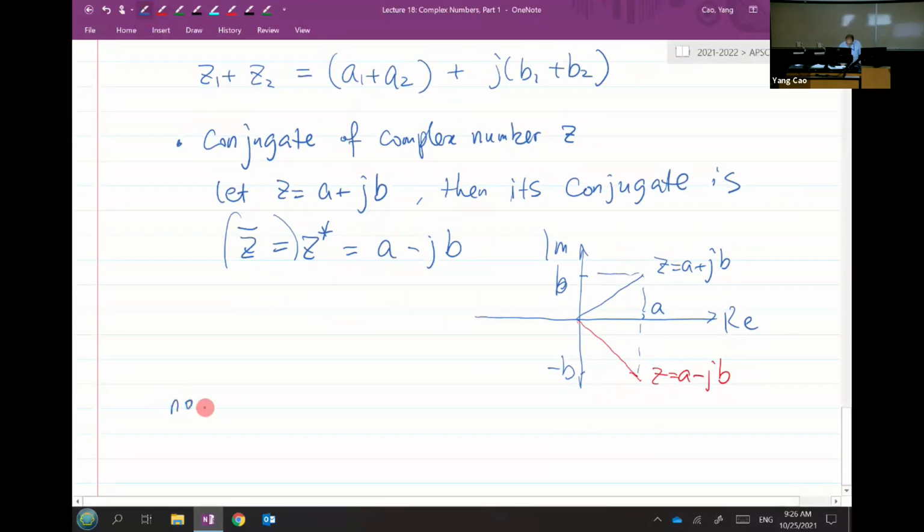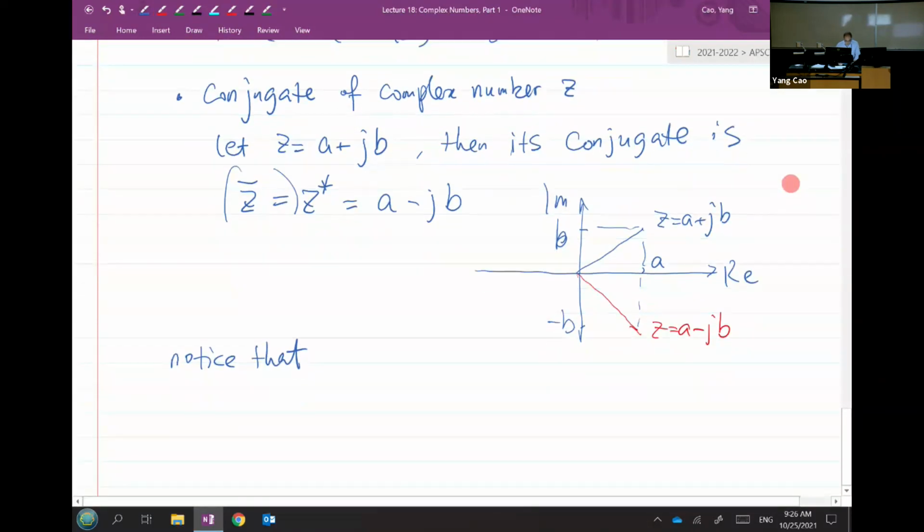So a little bit of comments here regarding the conjugate. As long as you're clear with the definition of the complex number and its conjugate, you can actually see some manipulations. For example, if you add the complex number and its conjugate together, what do we have?